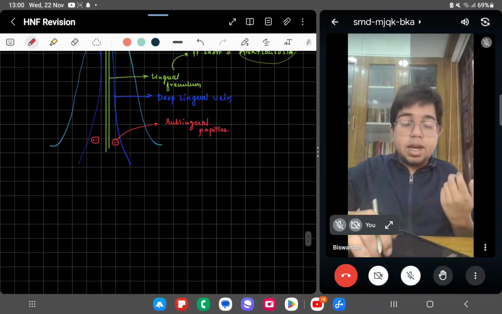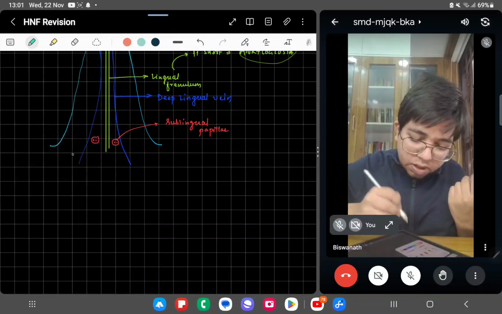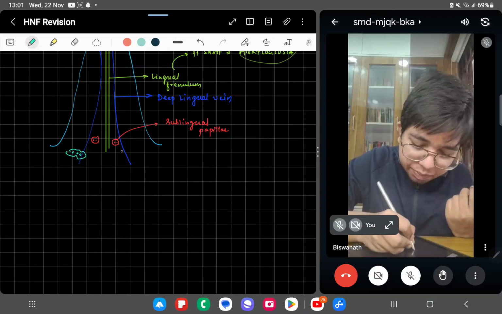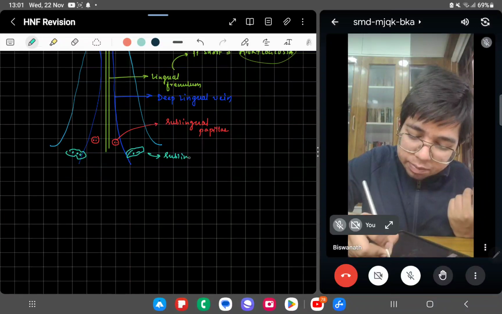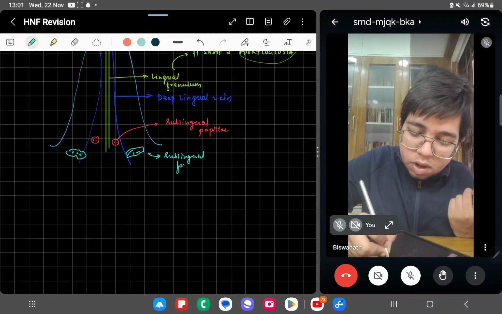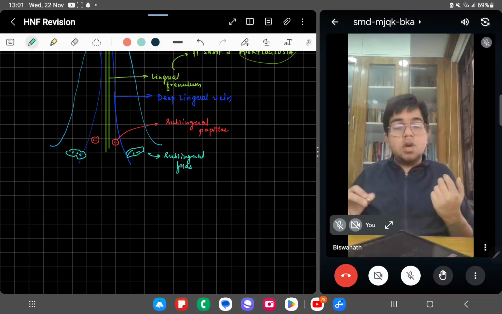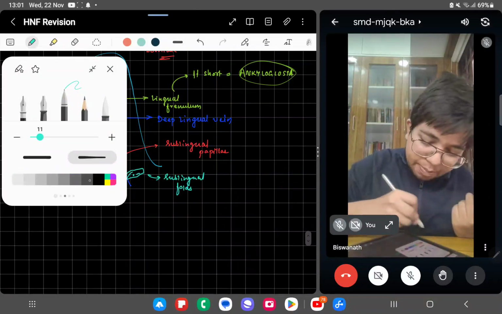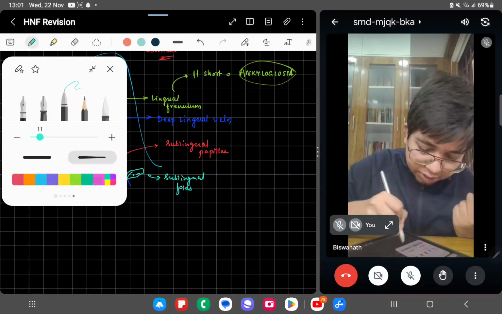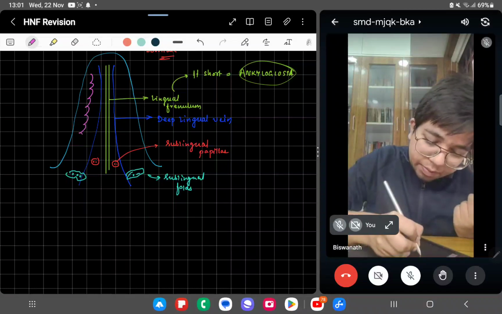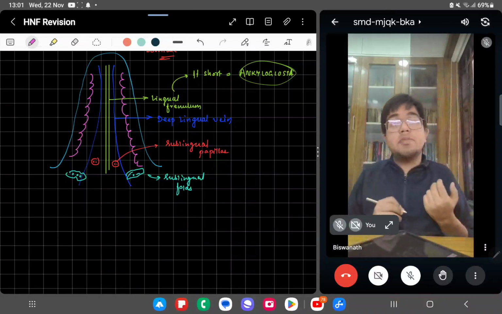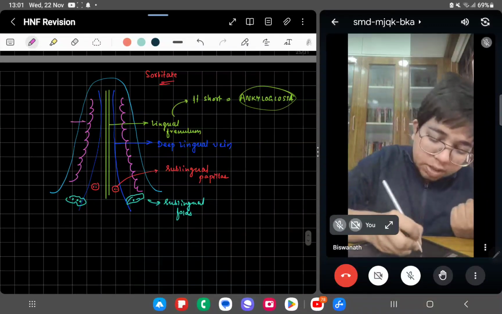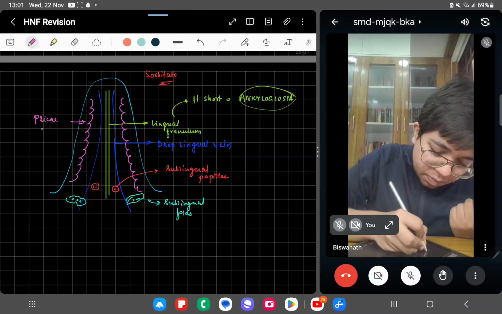Sublingual papillae are there. Then we have some folds here, which are called sublingual folds. And some fimbria-like structures which are present like this, which are called plicae fimbriata.